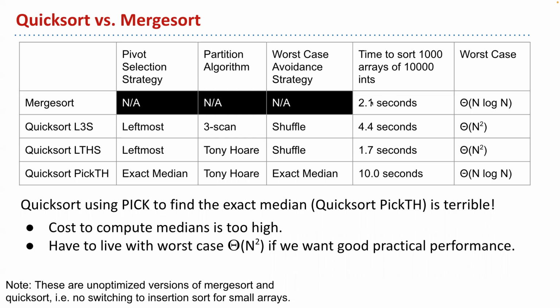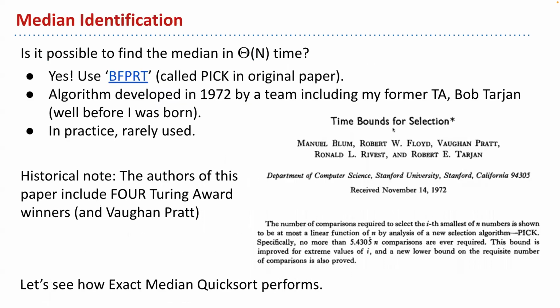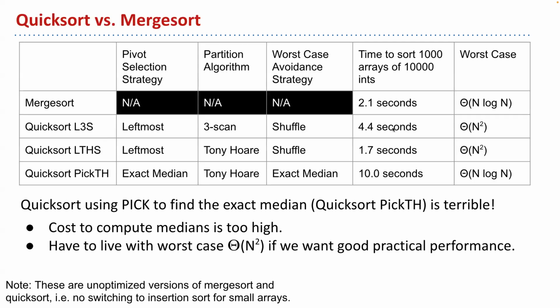The cost to compute the median is too high, even using four people with Turing Awards, a clever idea from the 70s. So if we want good practical performance, we have to live with this n squared possibility, whether that's a super unlikely shuffle-based n squared or opening yourself to malicious input, like the Java folks.